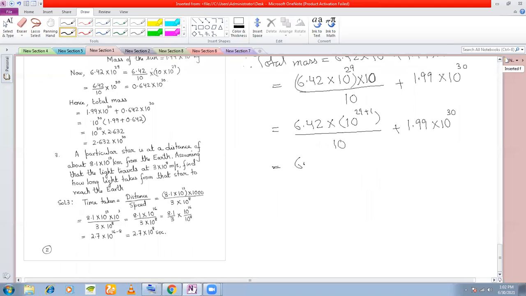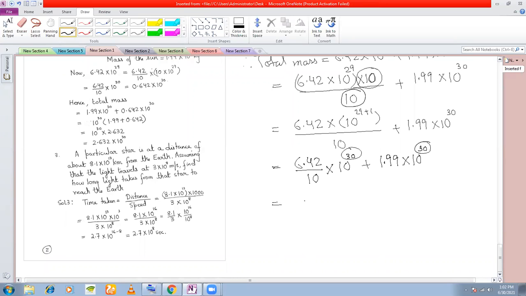Now this is 6.42 divided by 10 into 10 to the power of 30 plus 1.99 into 10 to the power of 30. Now see, the powers are equal. Right? That is why I multiplied this by 10 and I divided this by 10.